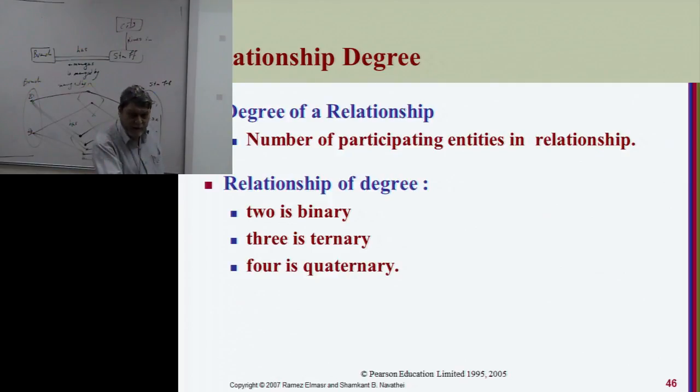Either it is binary, relating two entity types, or more, let's call it higher degree. So this is called the degree of the relationship: the number of entity types that this specific relationship ties together. But the problem is how to draw.